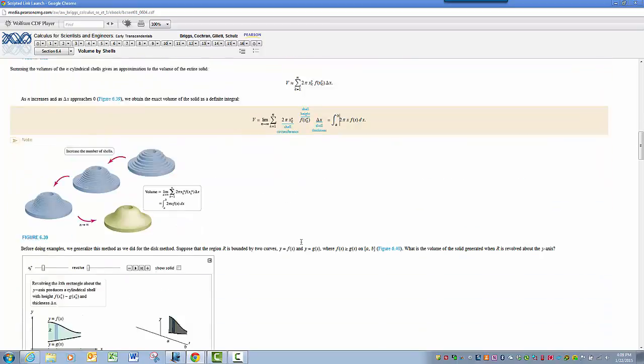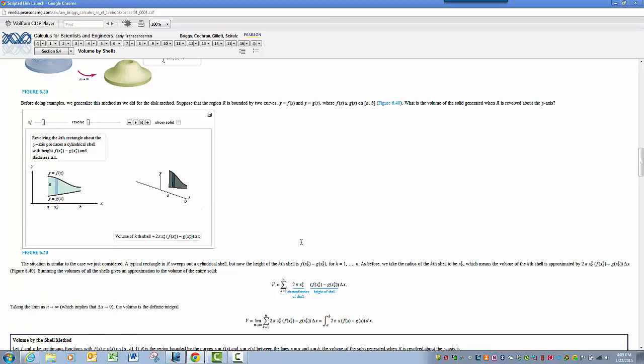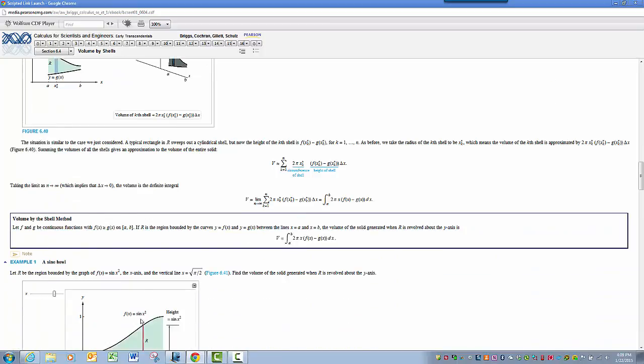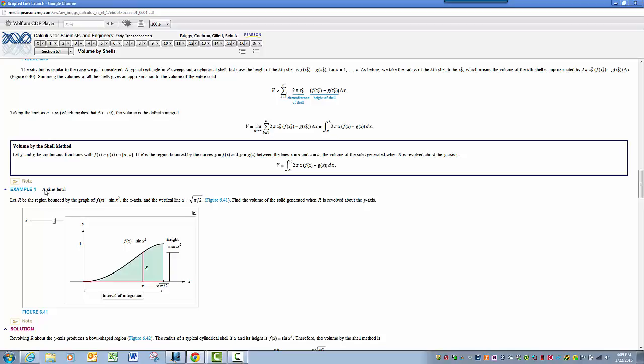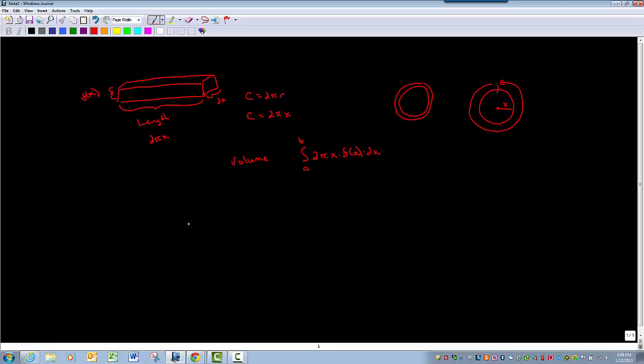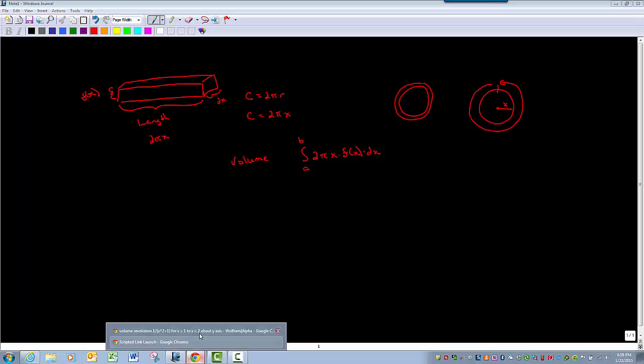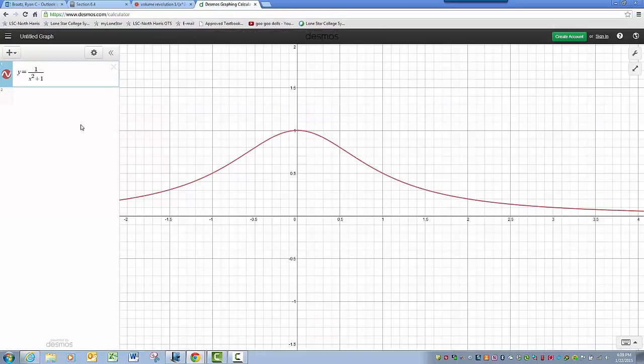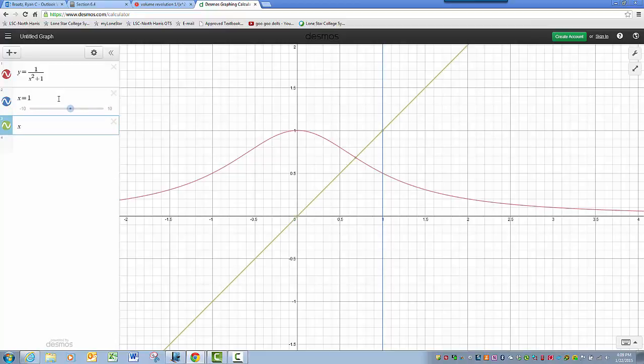So now let me give you an example to work through. I'm going to do an example, and then I'll let you work example number 1. My example will be the following. I want to take this curve right here, given by 1 over x squared plus 1, from, let's say, x equals 1 to, let's say, x equals 2.